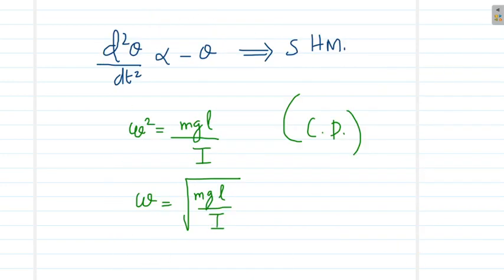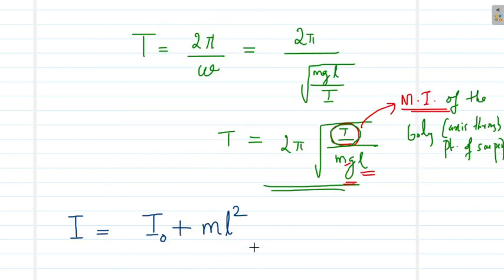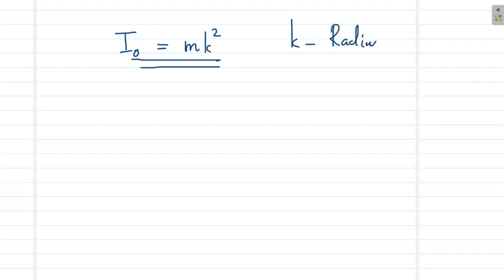So applying that equation, we can find I equal to I0 plus ML square. Now again, instead of I0, we can substitute I0 equal to mk square, which is the basic definition of the moment of inertia and the radius of gyration. Here k is the radius of gyration.